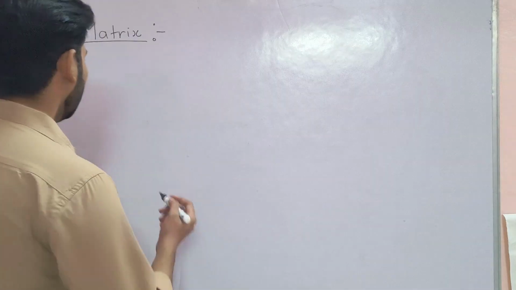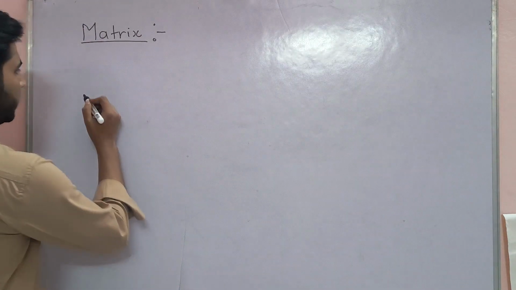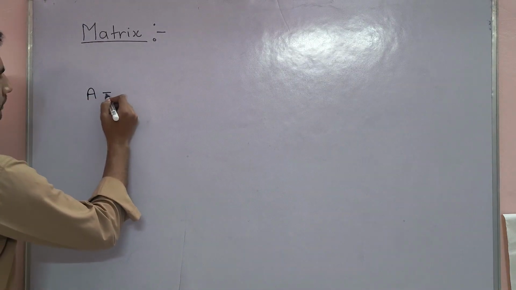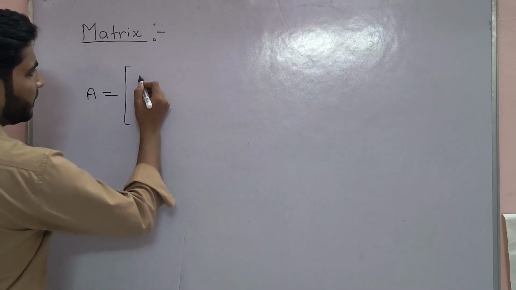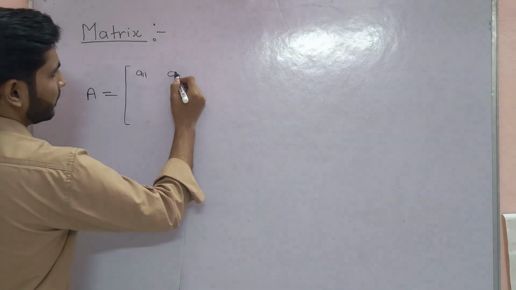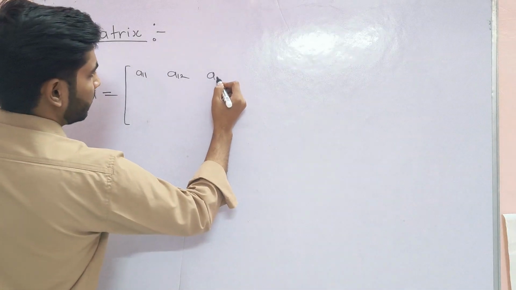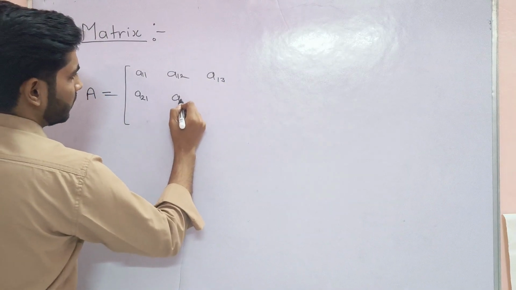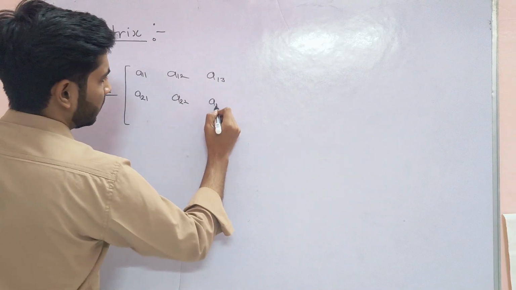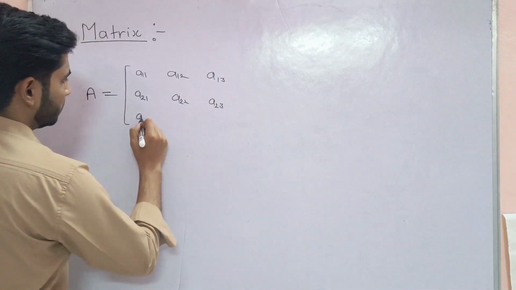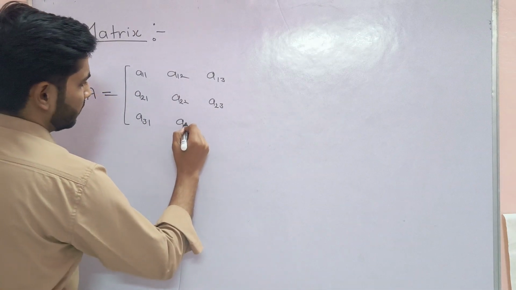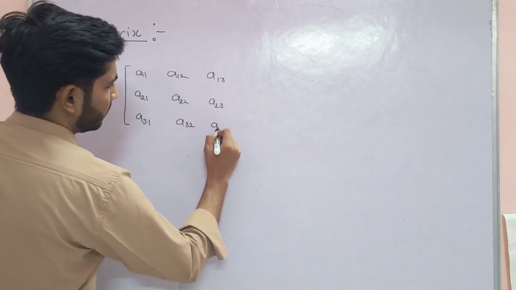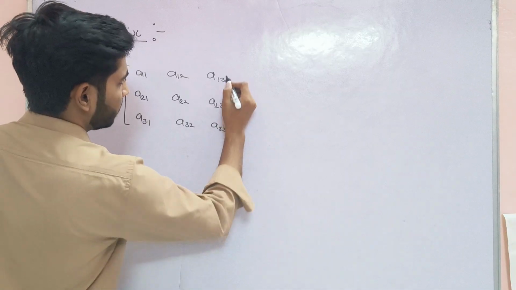Now we will see the general notation of the matrix. So we generally represent the matrix with a capital alphabet. First element A11, A12, A13, A21, A22, A23, A31, A32, A33.